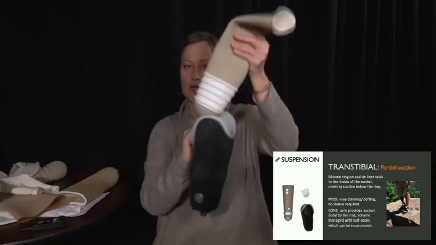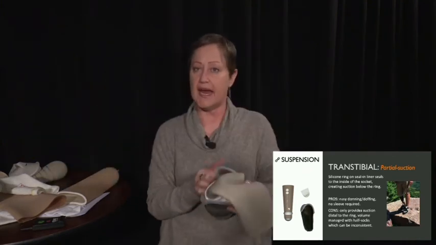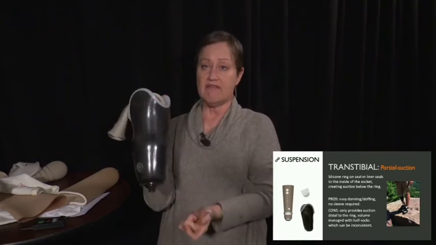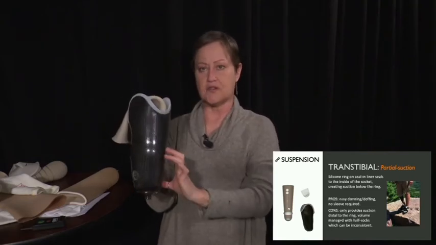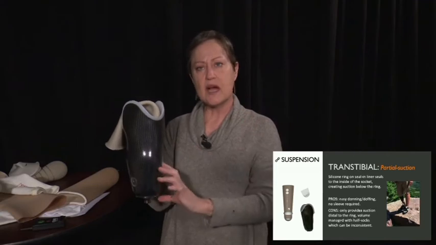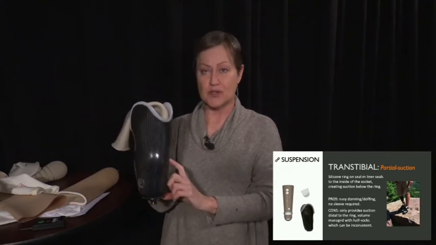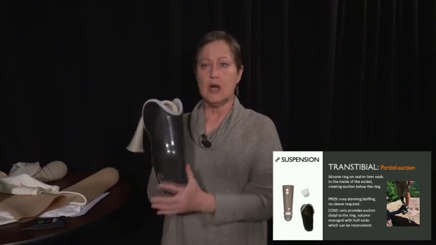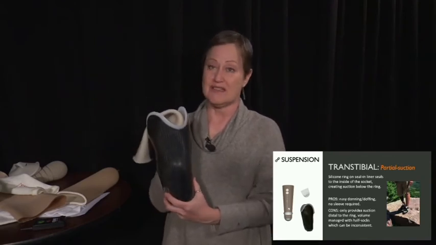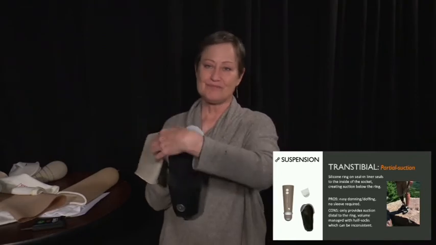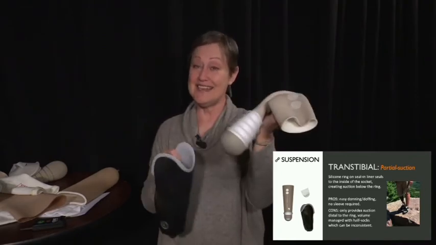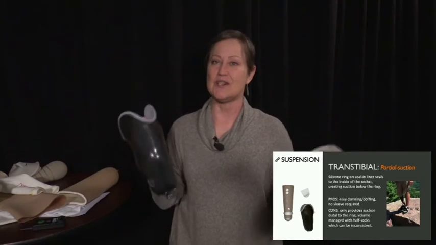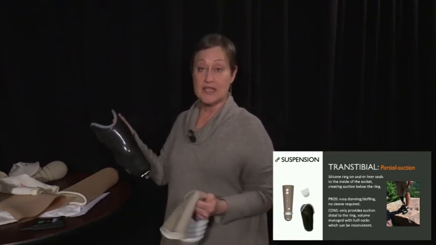So you're going to push in, it'll expel the air through the one-way valve, and your suction is just from here down. That's why some of the prosthetists don't really like this for transtib and prefer full suction all around the whole residual limb instead. However, another benefit of this is you don't have a sleeve, so it's less bulky posteriorly.